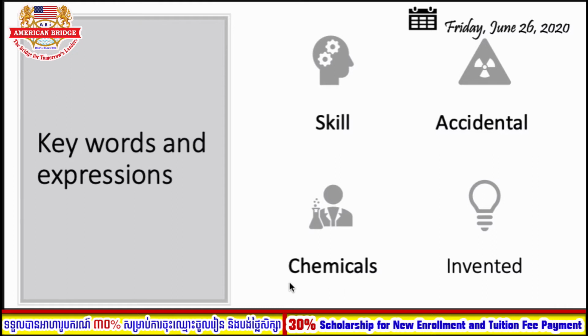The third one is chemical. Chemical refers to the substances that you can find on the planet. Mostly we refer to some of the small elements in the chemistry class. If you learn about chemicals, you know Fe refers to iron, H2O refers to water.